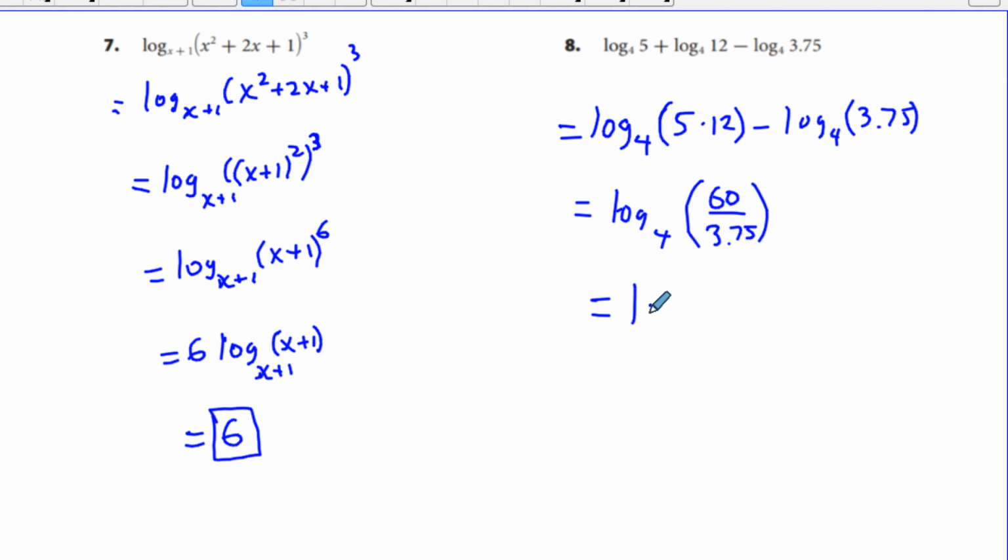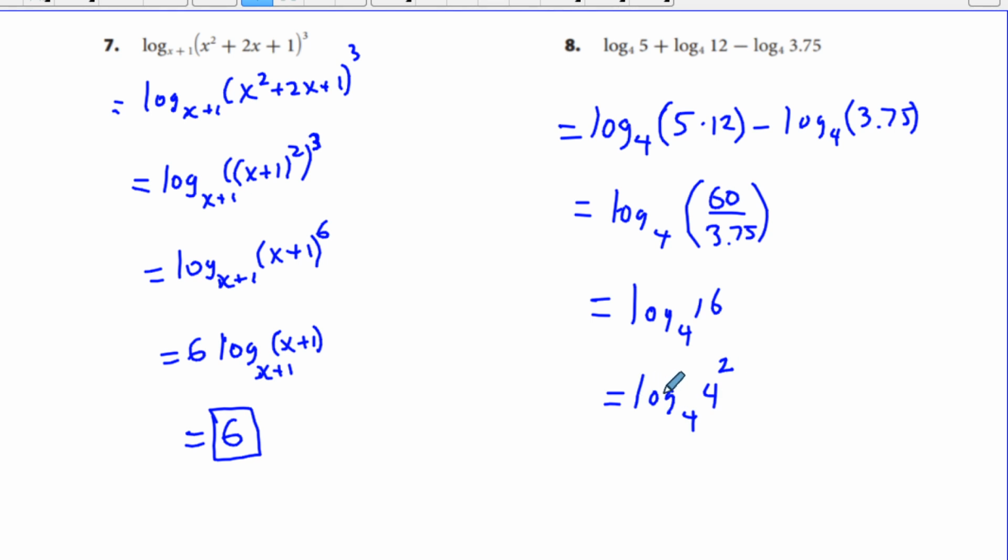So equals log base 4 of 16, and 16 we can rewrite as 4 squared. Log base 4 of 4 squared.